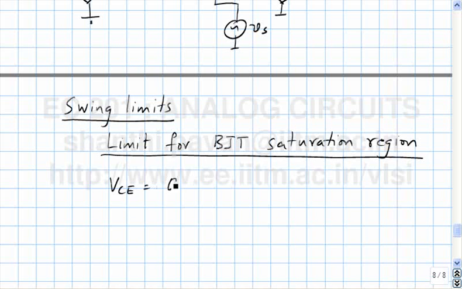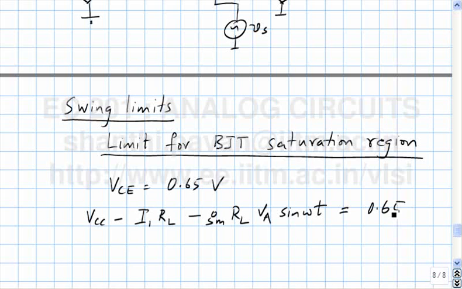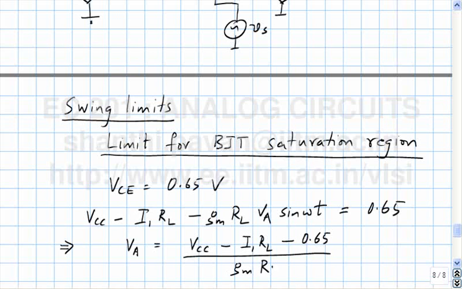VCE becoming equal to 0.65 volts, which means VCC minus I1 RL minus Gm RL times VA sin omega t, which is the input, must be equal to 0.65 volts, which means that VA is VCC minus I1 RL minus 0.65 divided by Gm RL.